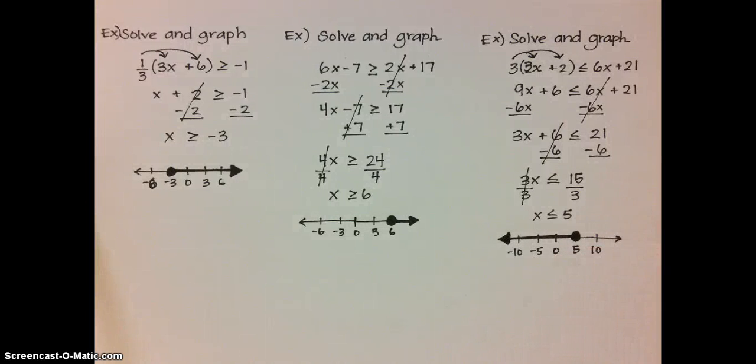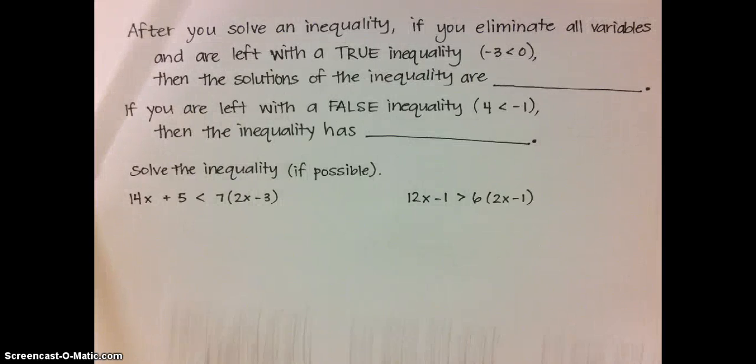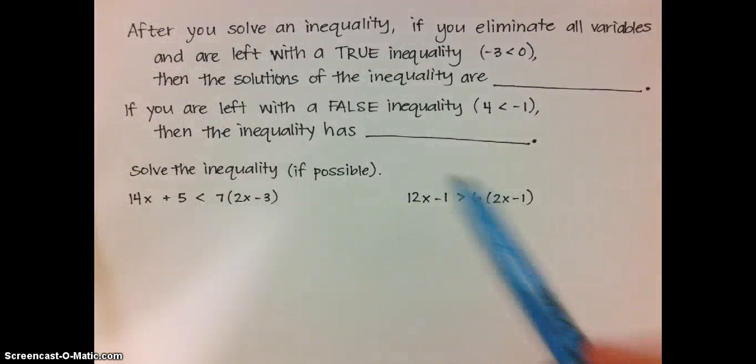So I've done many inequalities now with multiple steps. Sometimes you're going to find that the answers are actually a little different than what we just came up with. So let's read what I've written here.